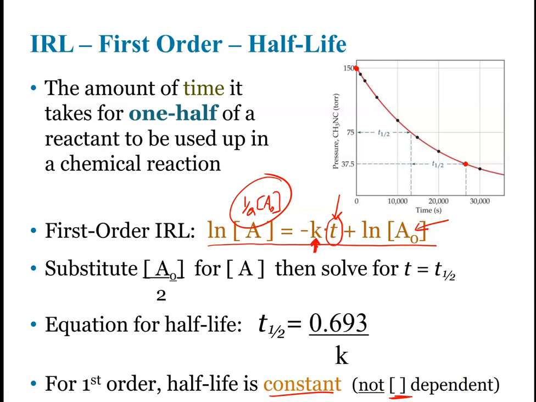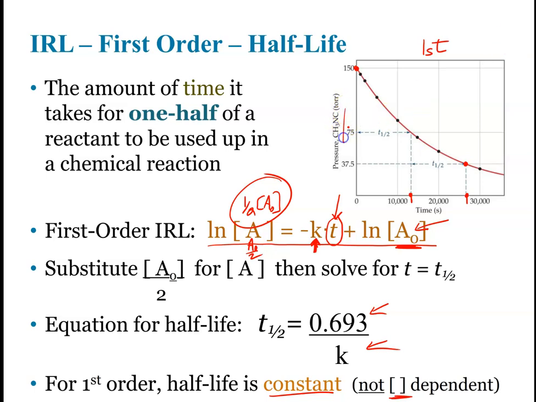Essentially, it's the natural log of 2, because if you plug in the initial concentration here and half of the initial concentration here, and rearrange and solve for the time, it turns out that this ends up being the natural log of 2 over K. And if we look at this graph again at the upper right of the slide, you see that the half-life is about 13,000 maybe seconds, and it's constant. So this is an example of a first-order reaction with first-order kinetics.